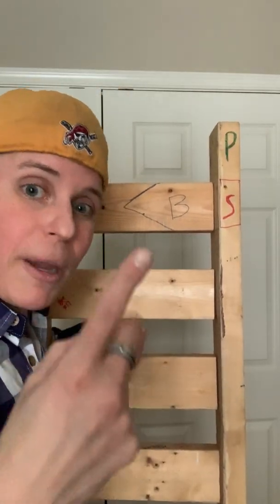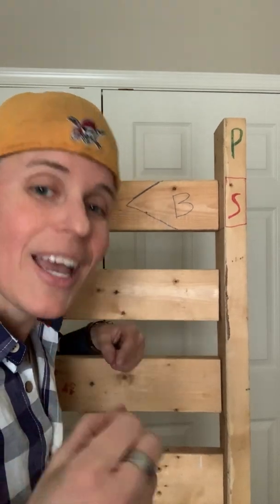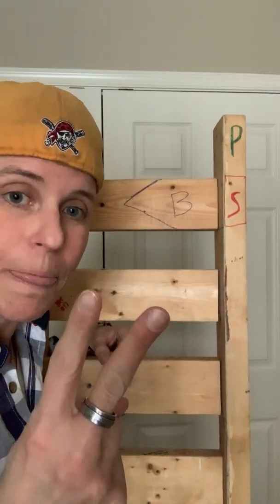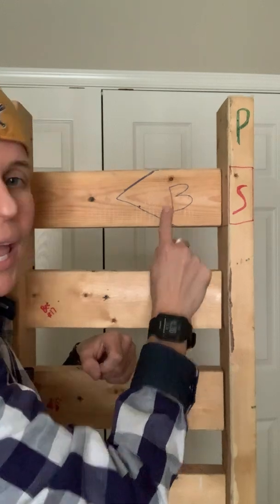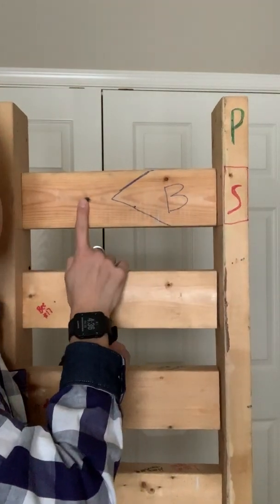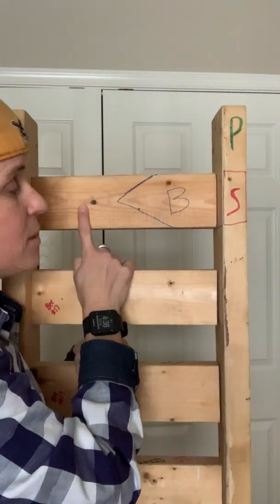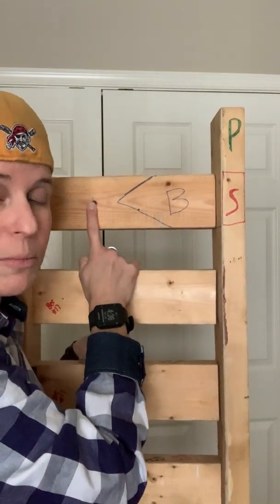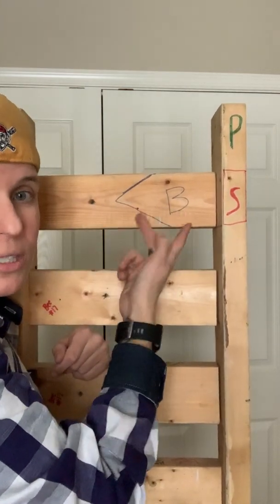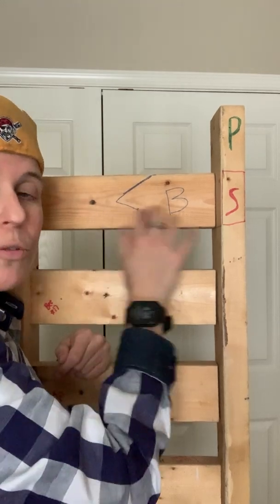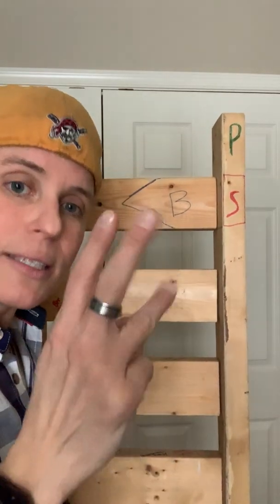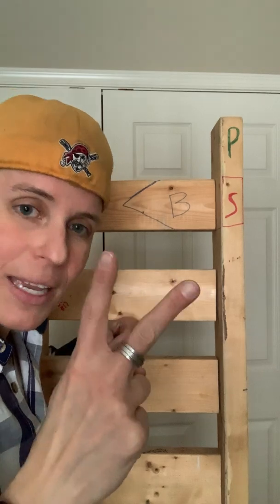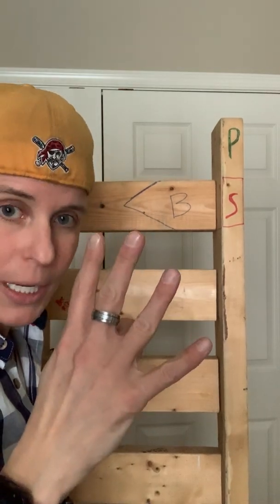So A pairs with T and C pairs with G. If this was an A, this base over here would have to be a T. If this base was a C, this base over here would have to be a G, and vice versa, because they can go in either direction. So the nitrogen bases are A, T, C, and G: adenine, thymine, cytosine, and guanine.